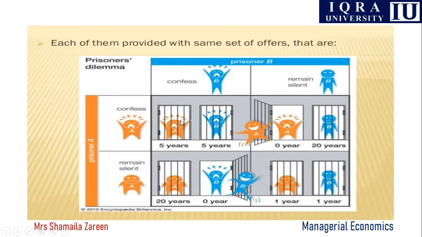For example, you are seeing here if prisoner A will confess, prisoner B in each case will confess. If prisoner A will remain silent, prisoner B in all the cases will also confess. So confess was always the best strategy considered.